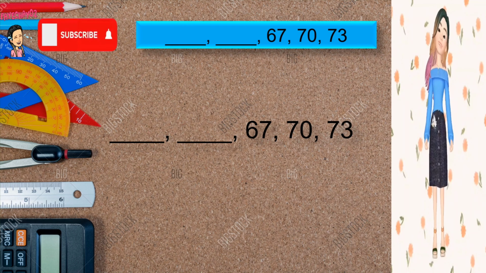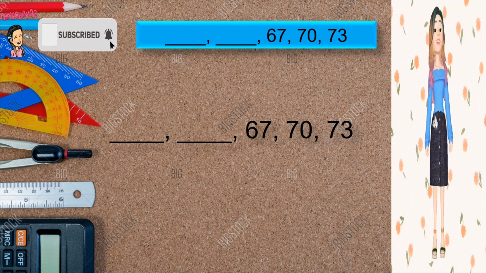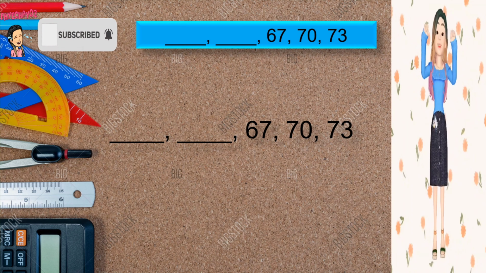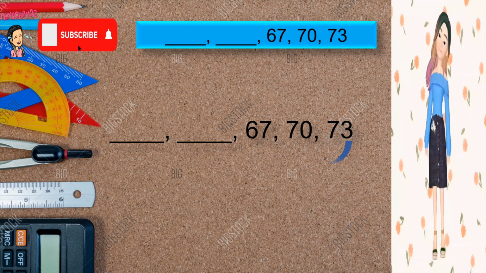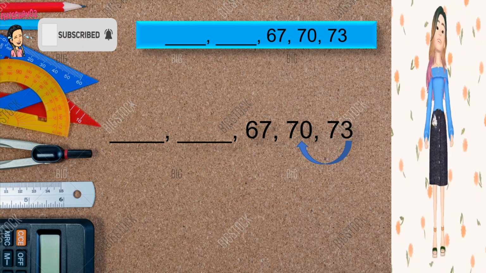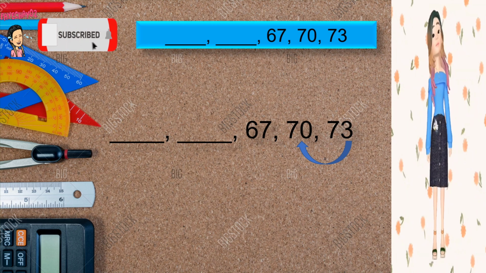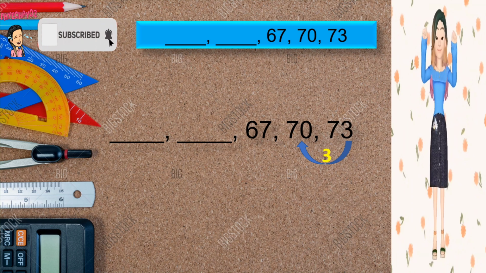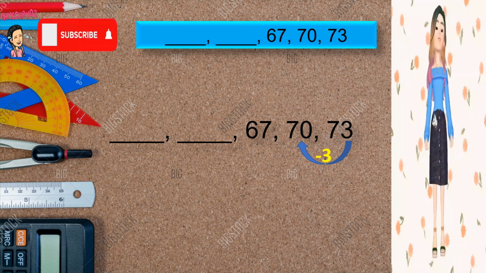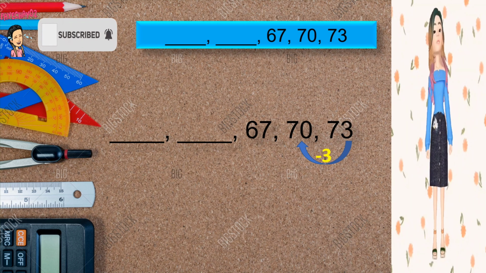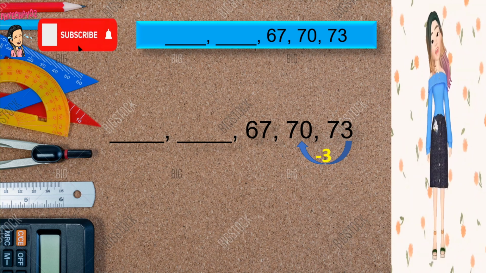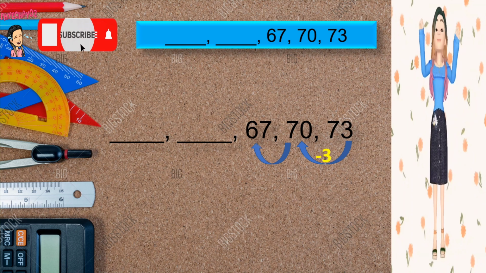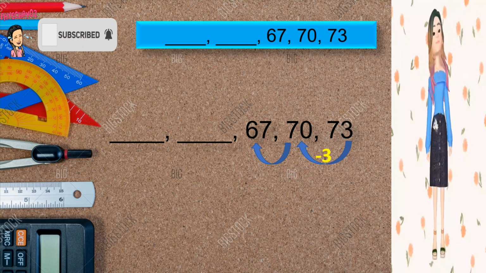If we're going to get the difference between the fifth term and the fourth term, the difference between 70 and 73 is 3. So, we have to subtract 3. Okay, so minus 3. Then, the difference between 70 and 67 is also minus 3.